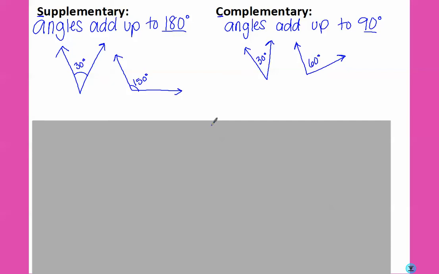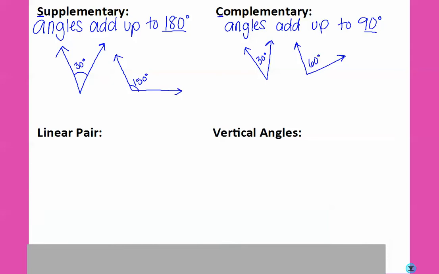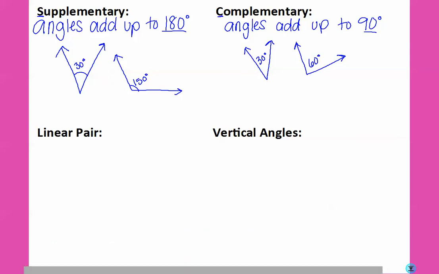Some other angles we could have are linear pairs and vertical angles. Linear pairs are very similar to supplementary. They are adjacent angles that form a line.